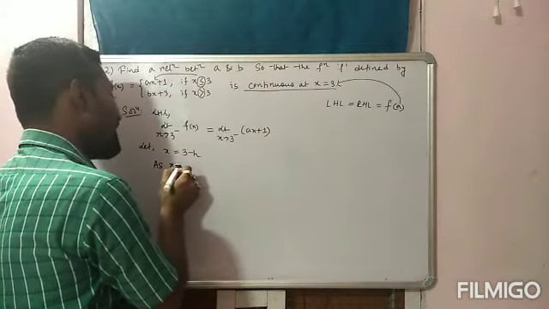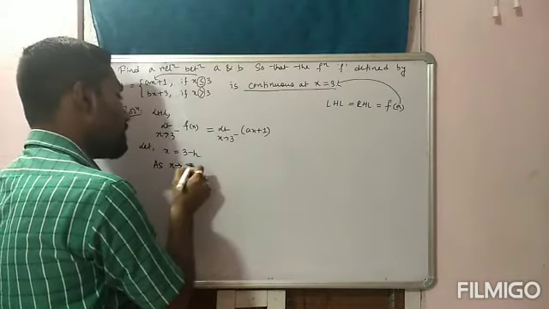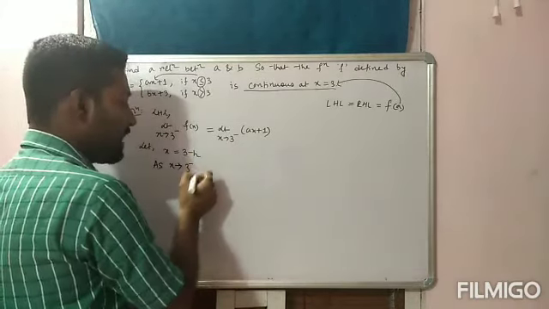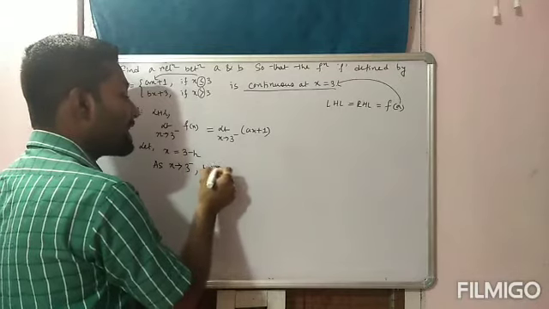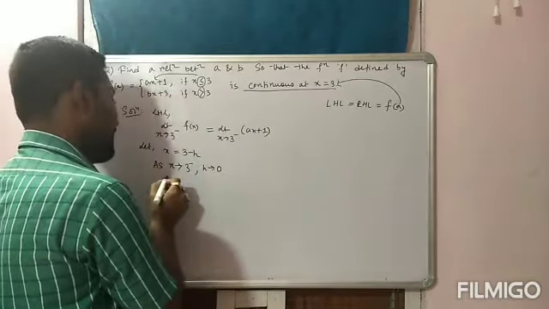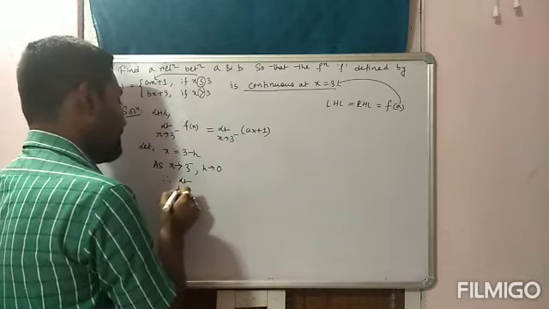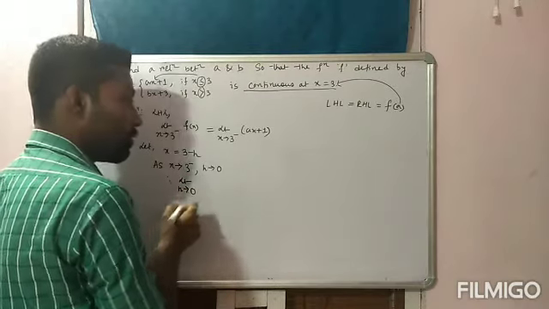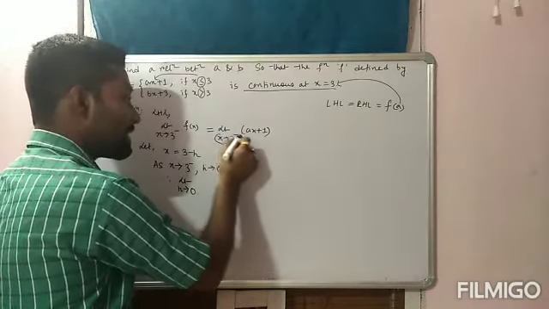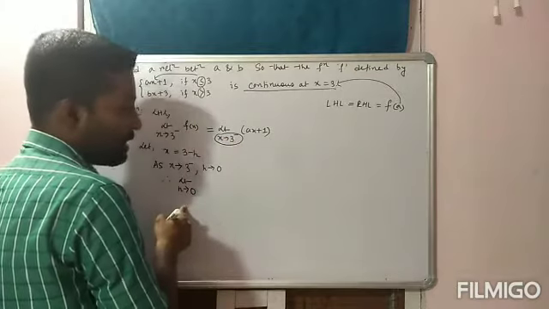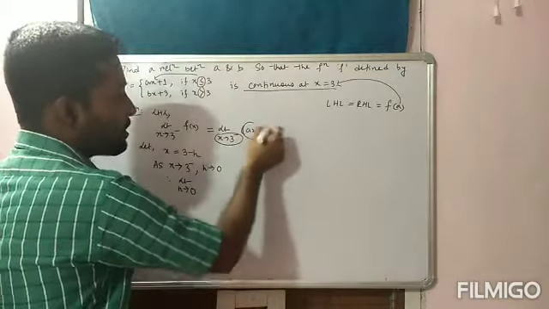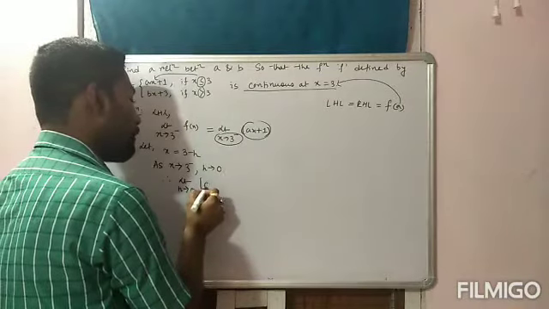Now as x approaches 3 power minus, then what will be the value of h? H approaches 0. Therefore limit h approaches 0, if you replace x tends to 3 power minus by h approaches 0, then what will be this function?